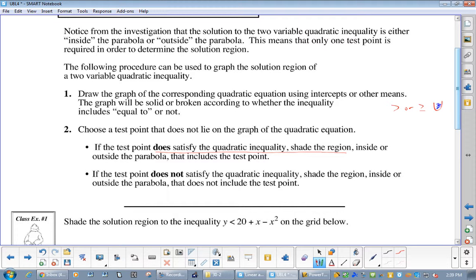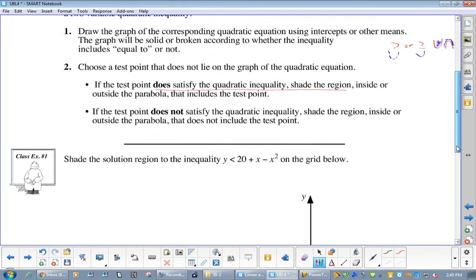What if the graph went like this? You see how I'd be shading this? See how I'm still above the graph? And make sure we know whether it's dotted or solid, and then less than would be the opposite. You're under the graph.